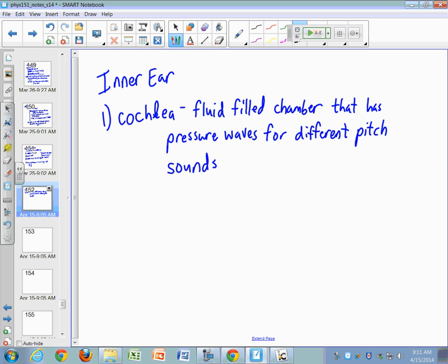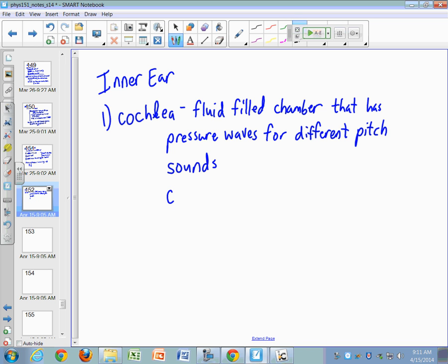And those pressure waves cause the, I don't know how to say this, basilar? Who knows this? What is it? Basilar? Okay.